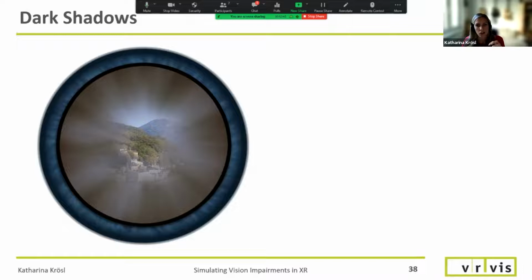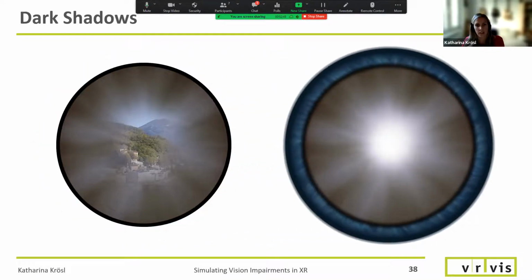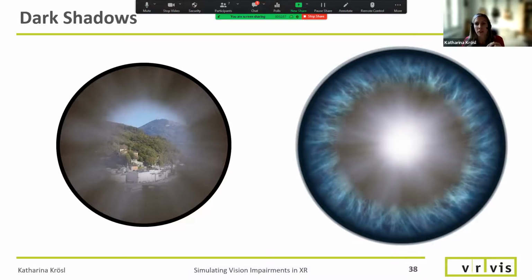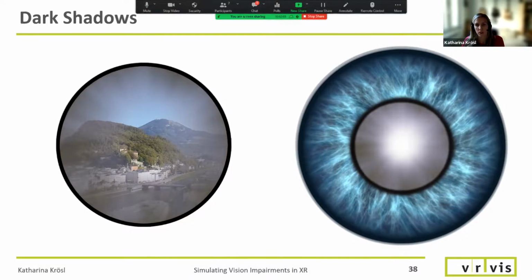And usually shadows become more or less prominent depending on the pupil size. And as you can see in this animation, if I look at a bright sunny scene, my pupil becomes smaller and less of the clouded area of the lens can affect my vision.